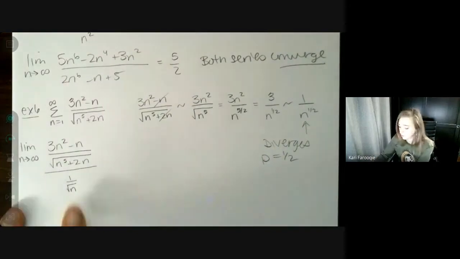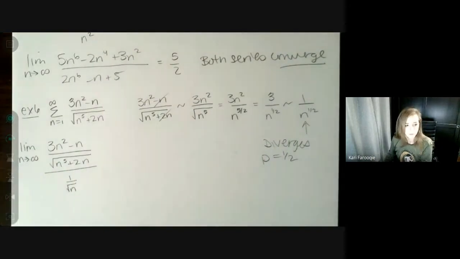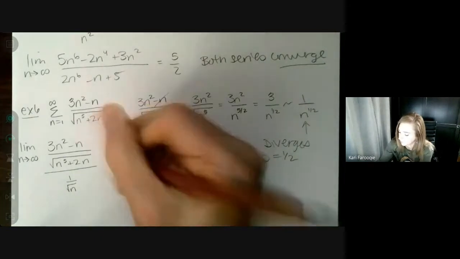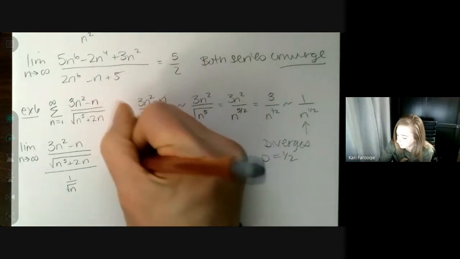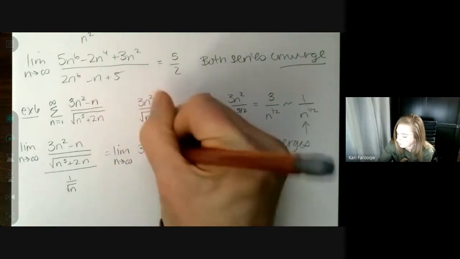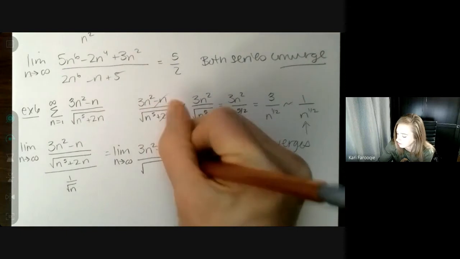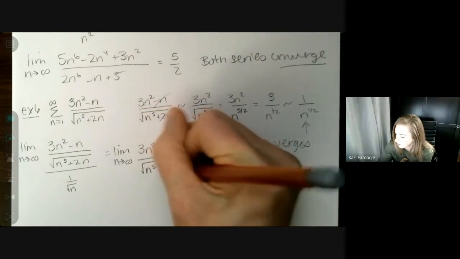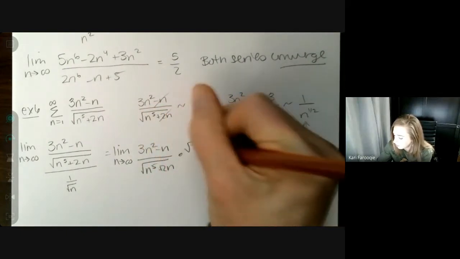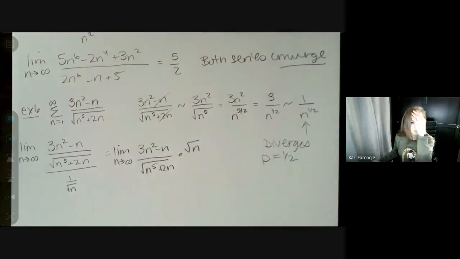I think I will, just because I already have radicals going on here, but it doesn't matter. You can use n to the 1/2 if you'd like. So we'll have 3n squared minus n divided by the square root of n to the 5th plus 2n times the square root of n.